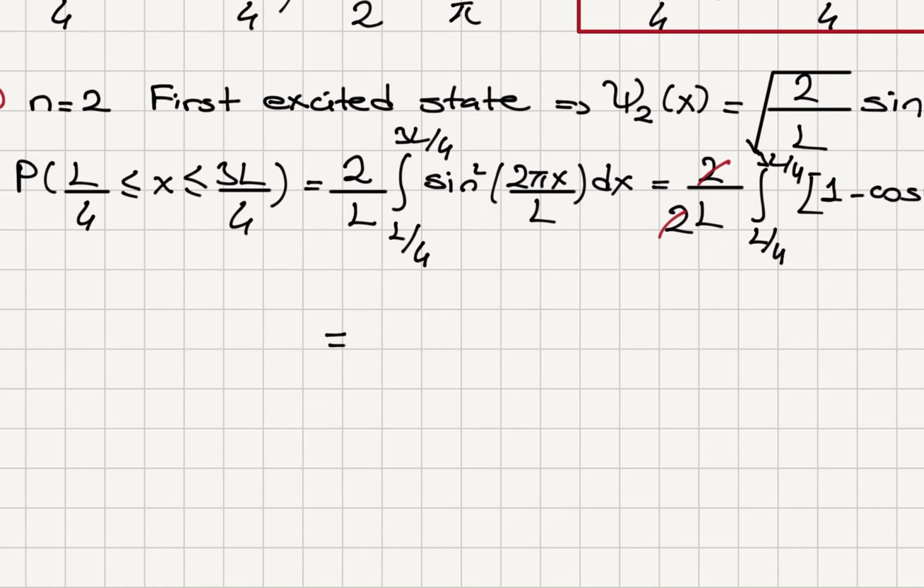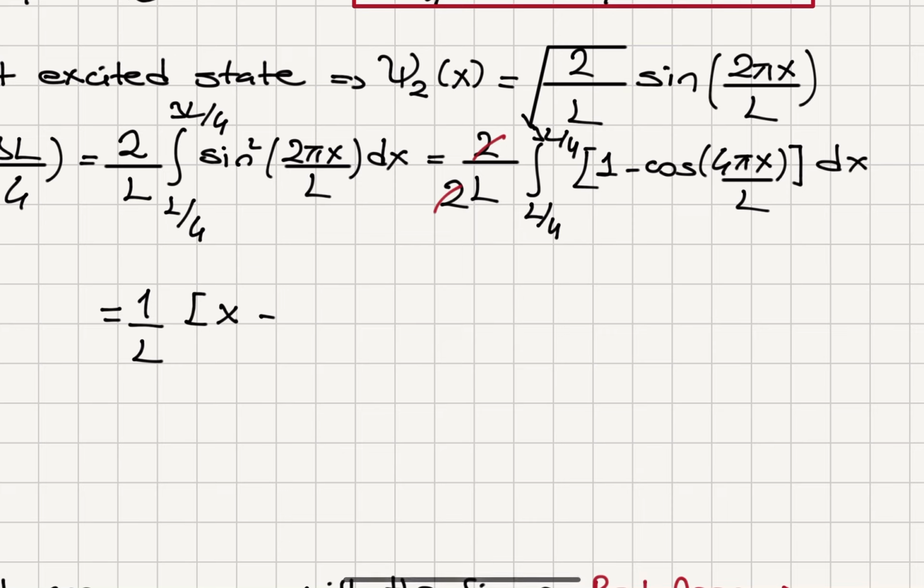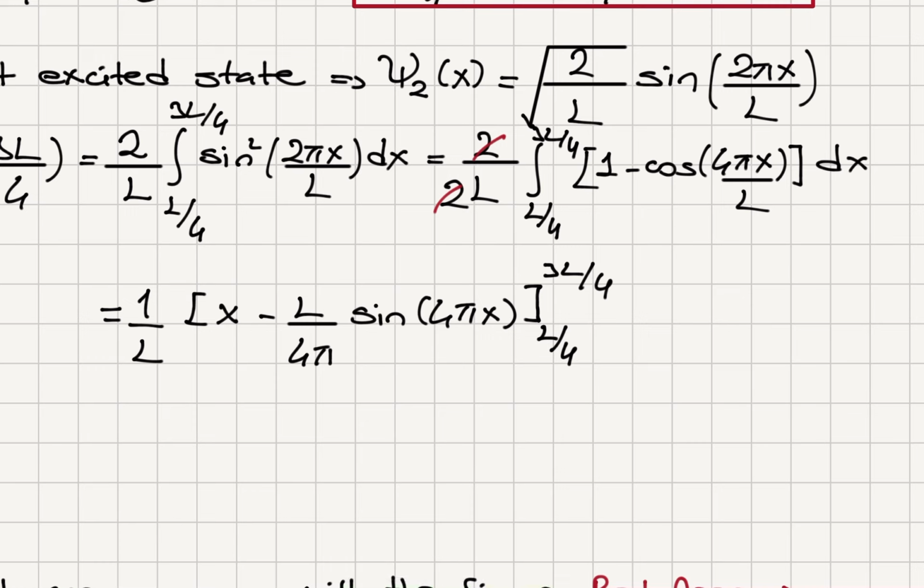This is going to be 1 over capital L, x, so the integral of dx is x, and then I have capital L over 4 pi sine of 4 pi x. This is to be evaluated between L over 4 and 3L over 4. Now, when I put here L over 4, you can see I'm going to get sine pi. When I put 3L over 4, I'll get sine 3 pi, which are all 0.